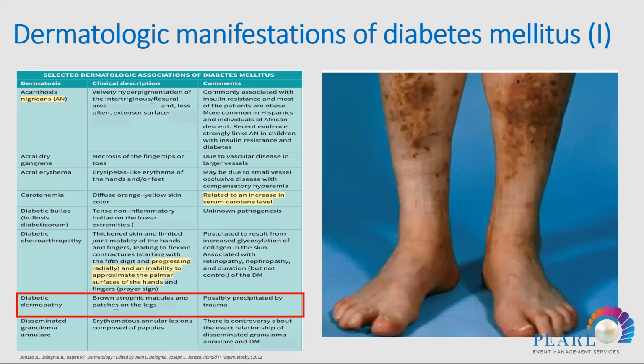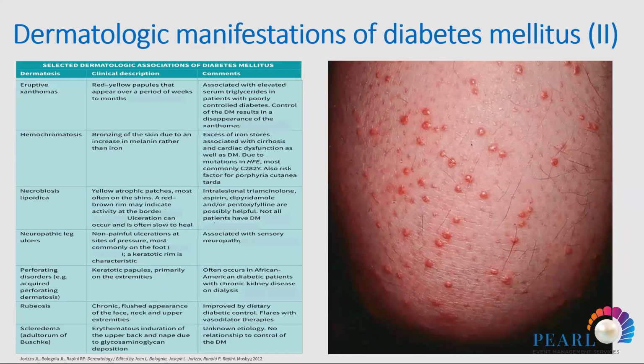And of course, here we have the brown atrophic macules and patches, which is the diabetic dermopathy. Yes, we can see it often, and sometimes patients can be diagnosed as post-inflammatory hyperpigmentation, but this also has to do with diabetes. And not to forget the eruptive xanthomas.